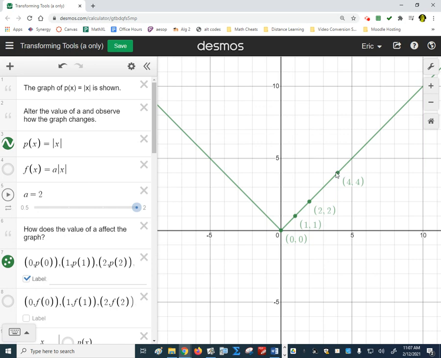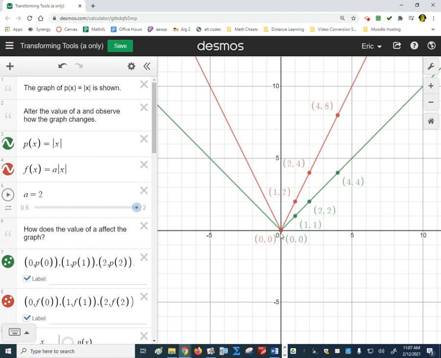Everybody with me? When I multiply the function by a vertical dilation factor a, what I've done is multiplied all of those heights. Now look at this. Instead of going to the right by 1 and going up by 1, we multiply that normal height by my vertical dilation factor of 2. So 1 times 2 is 2. So now the new height is over 1, up 2.